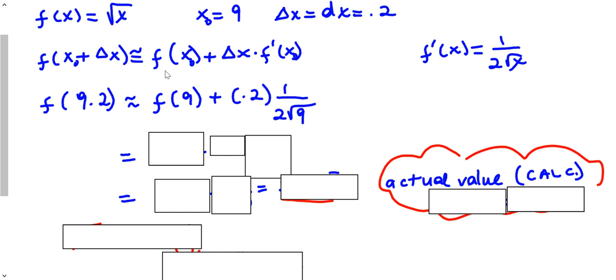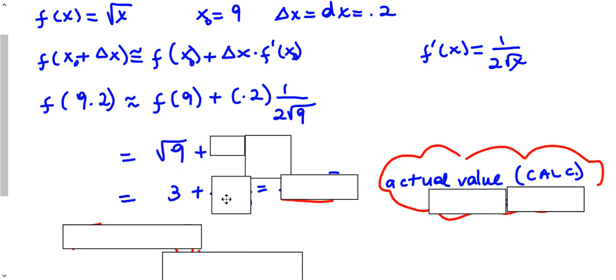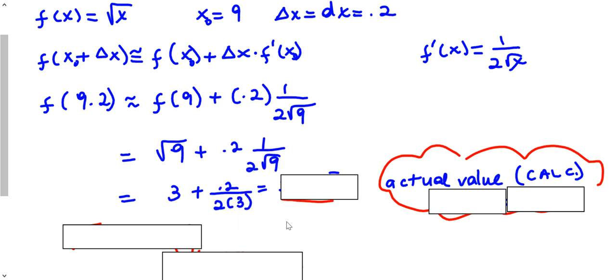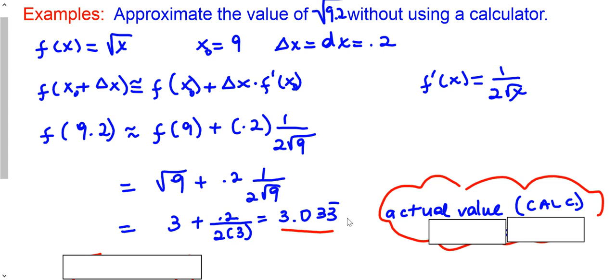Square root of 9 is 3. f of 9 is the square root of 9, which will simplify as 3 in the next step. Again, square root of 9 here is 3. You have 1 over 6 times 0.2. So 0.2 divided by 6 plus 3 gives us 3.033. So that is our estimation for the square root of 9.2.